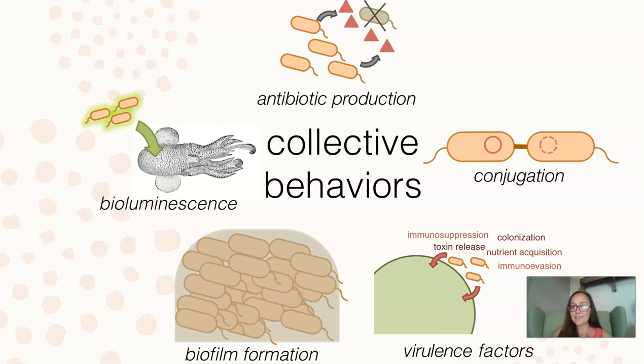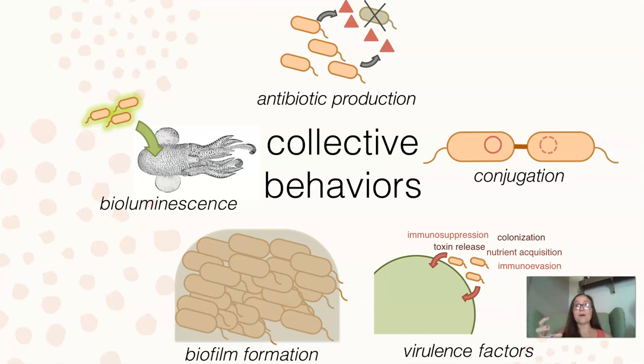Now, we always think of antibiotics as something humans invented in order to keep us healthy. But in reality, our antibiotics come from nature. And some bacteria can produce antibiotics to kill competing bacteria. So they will actually send out chemicals into their environment that will kill a different species of bacteria.